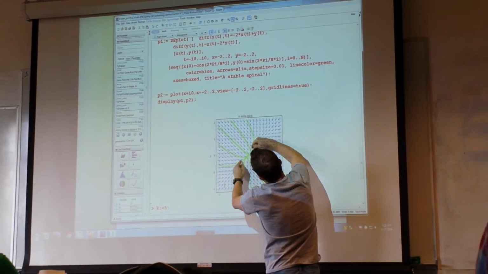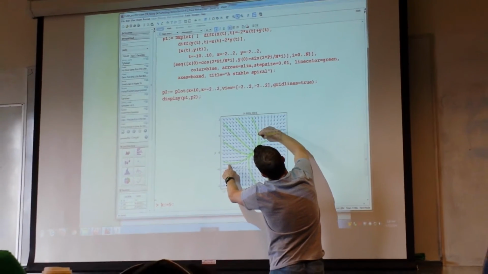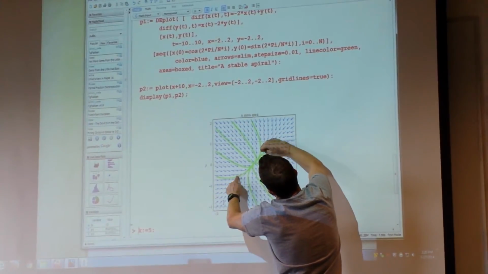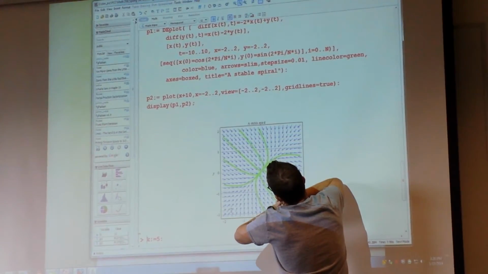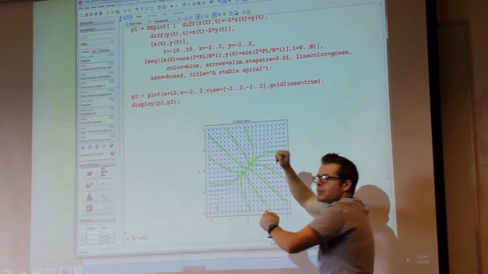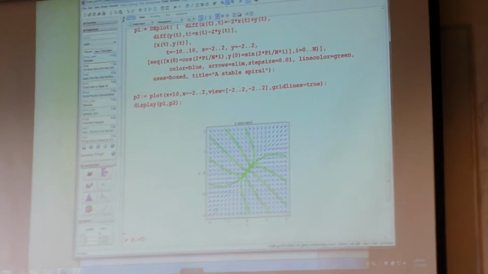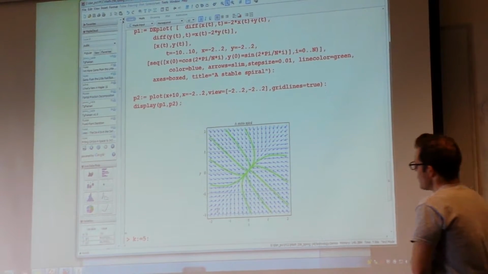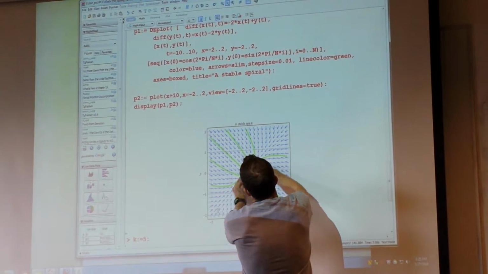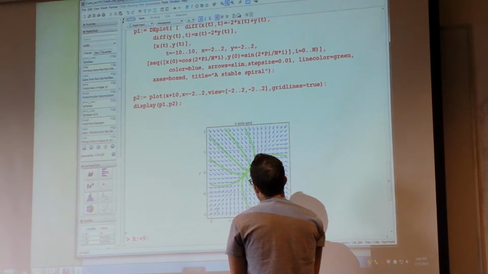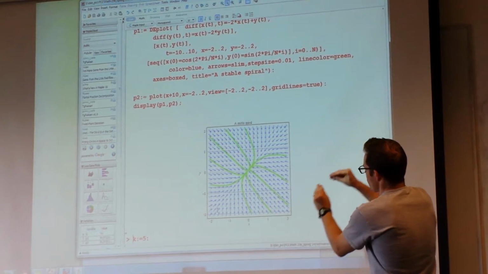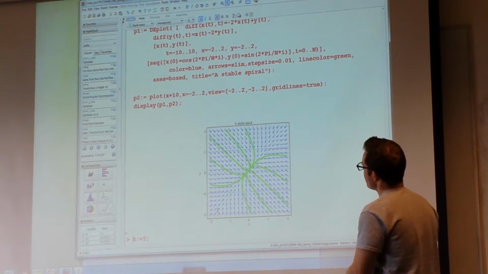If you look at that, it's a diagonal line. But all these trajectories are tangent to the same line, okay? And that's a characteristic of an improper node. And we'd also call it a sink, an asymptotically stable node.